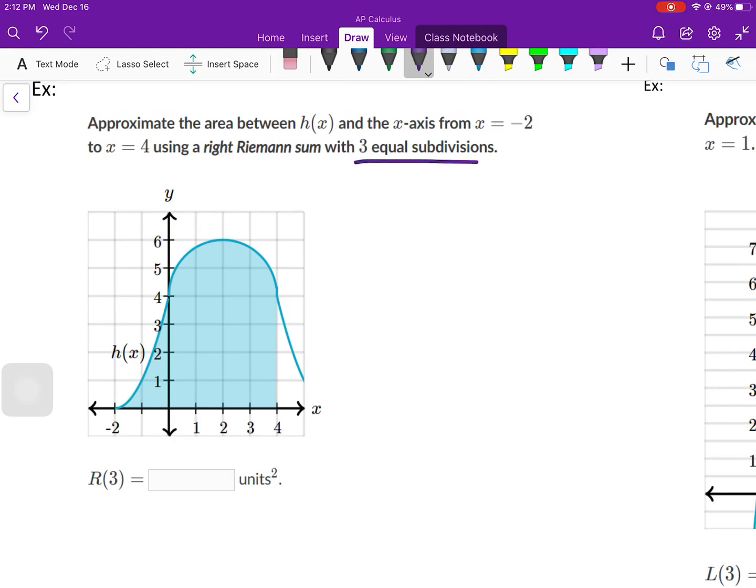We got to take this from -2 all the way to 4 and break it into 3 equal spots. So that would be 1, 2, 3. And we're doing a right sum. So we're going to use this value, and this value somewhere around there. So our rectangle is going to be touching on the right side like that.